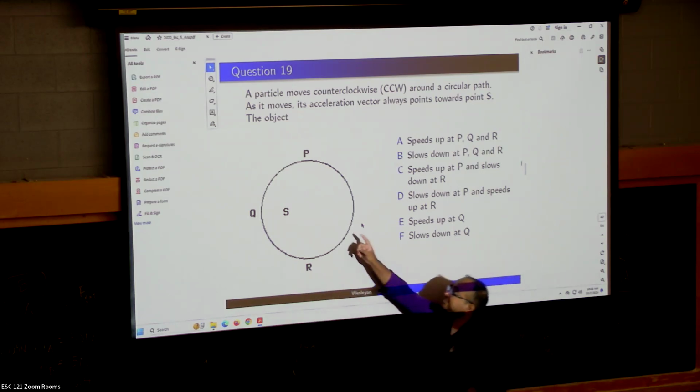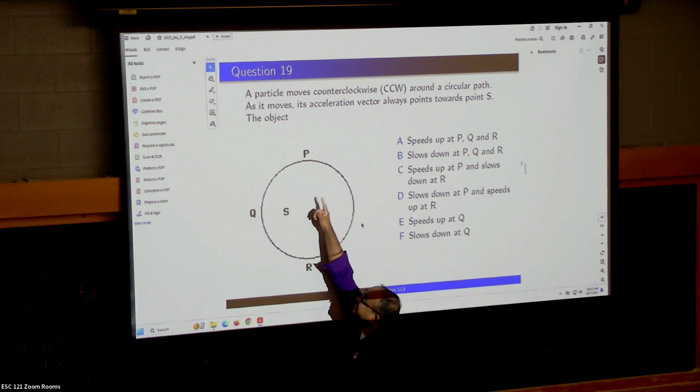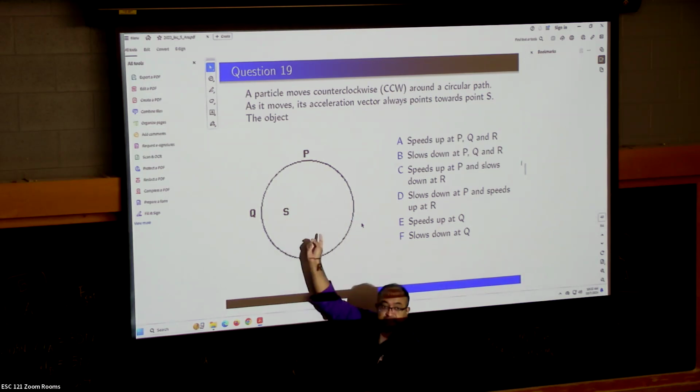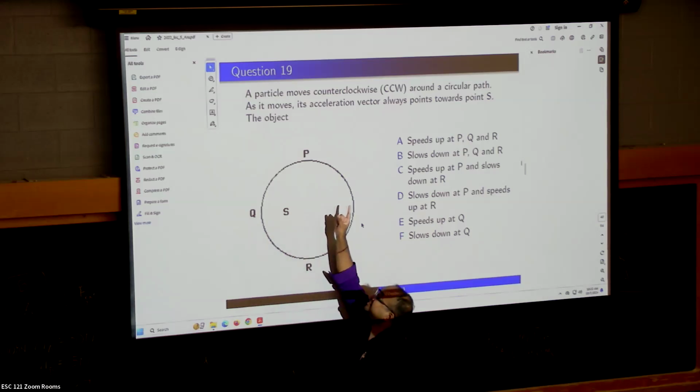So, if we draw the acceleration vector when it's at point P pointing towards S, David's exactly right that you can split it into a centripetal component, which is perpendicular, and a tangential component. The tangential component is in the same direction as the velocity, because we're told it's going around counterclockwise.